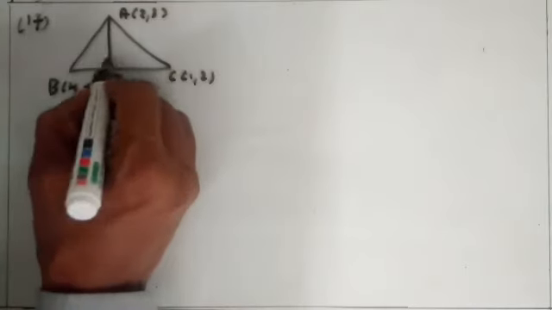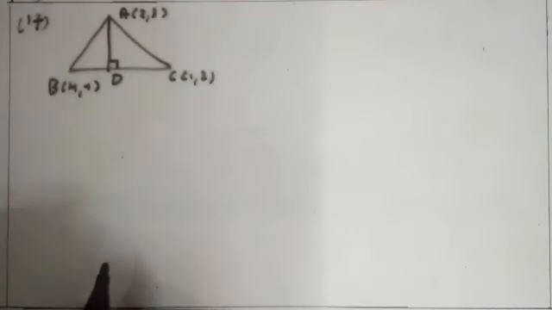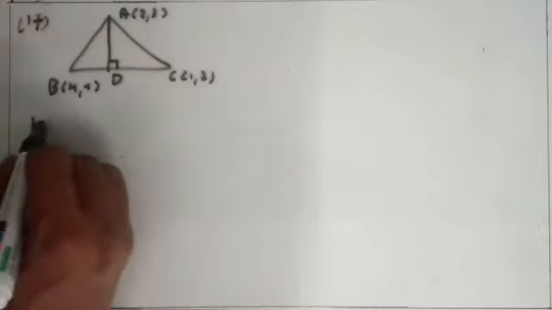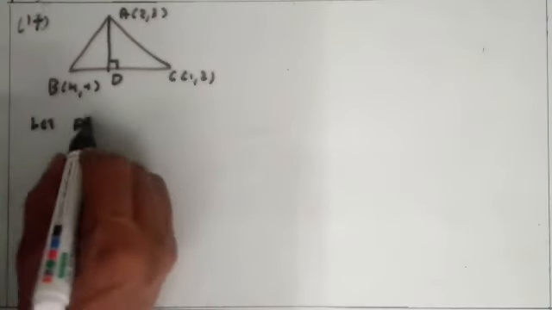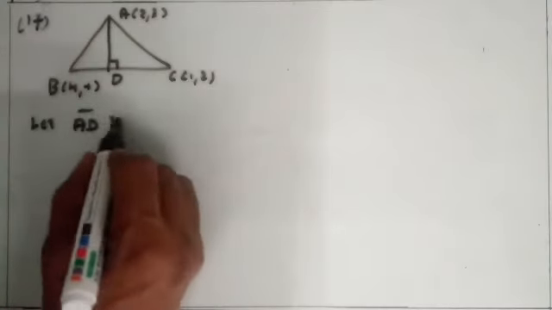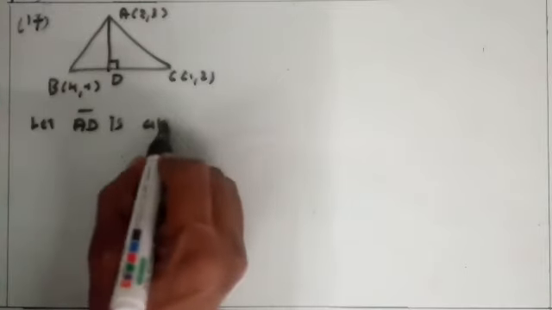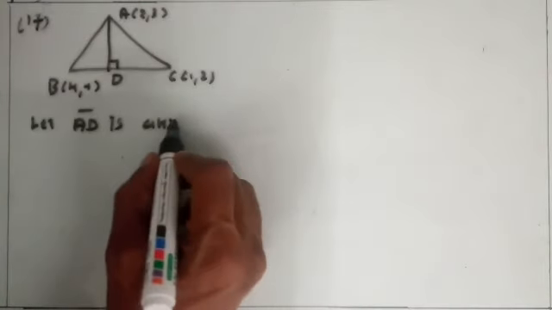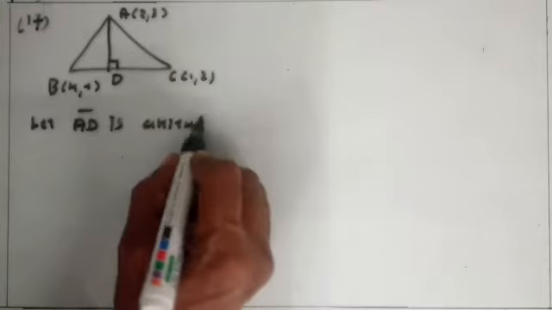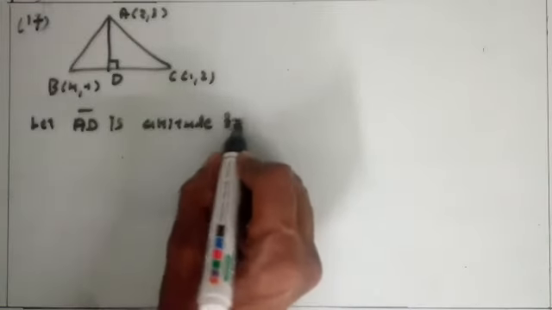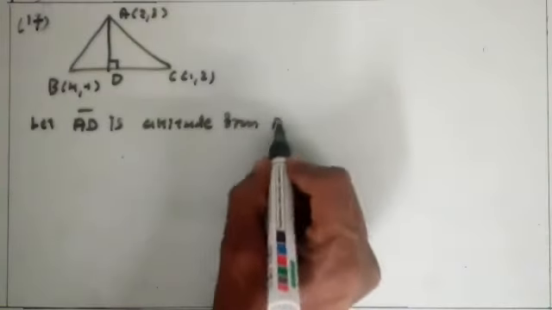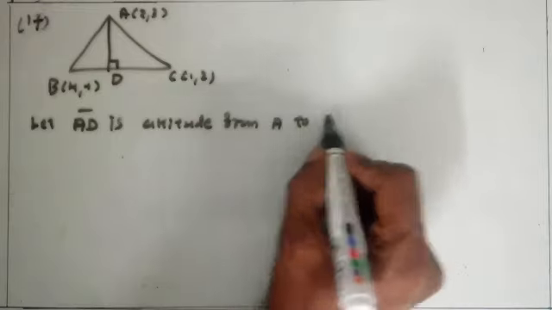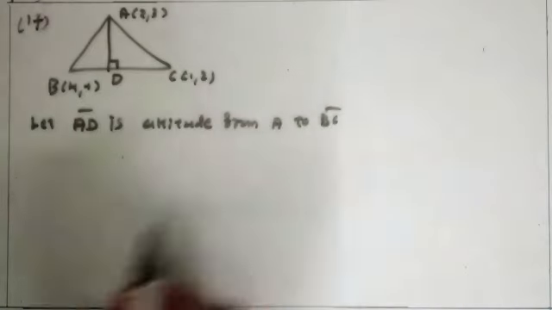Here AD is perpendicular to BC, because AD is the altitude from A to BC.